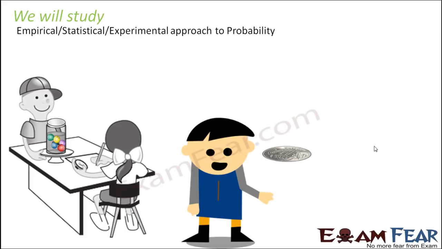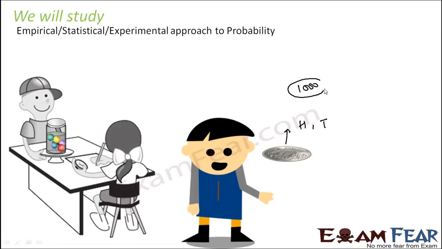For example, let's find the probability of getting a head if I toss a coin. If I toss a coin, I will either get head or tail. So I'll perform this experiment maybe 1,000 times.